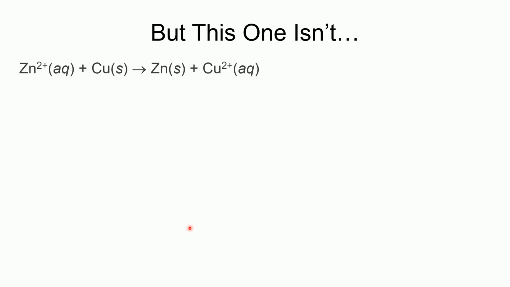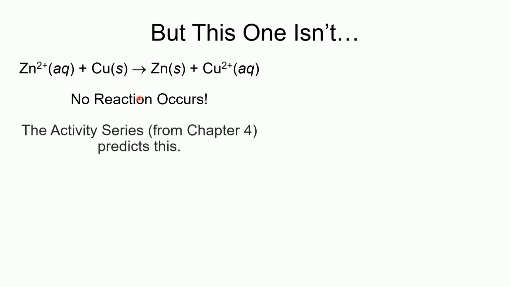However, if we react zinc ion with copper metal, that is not a spontaneous reaction. So if we try to do that reaction, no reaction will occur. Just like if we have a ball and let it roll down a hill, that is spontaneous. Well, the ball rolling up the hill is not spontaneous, and that's exactly what's going on here.